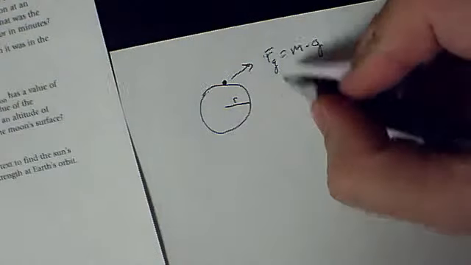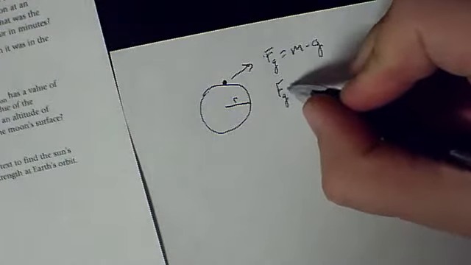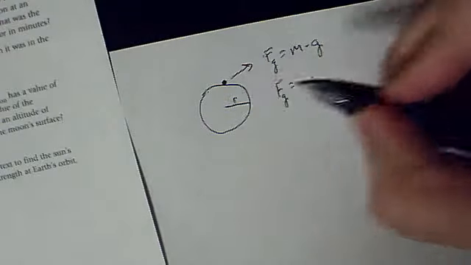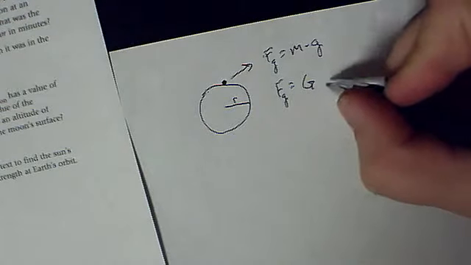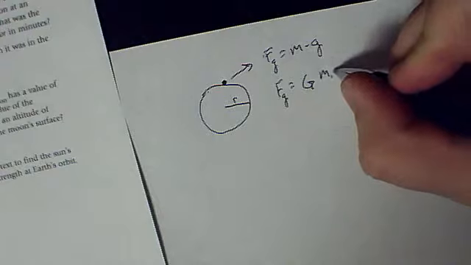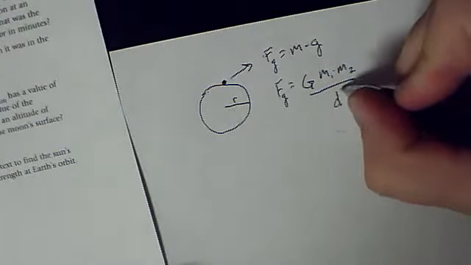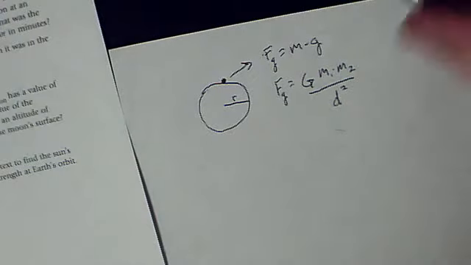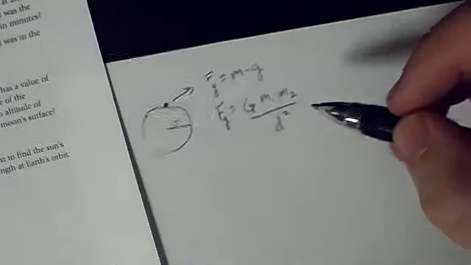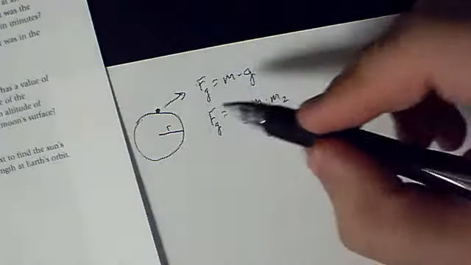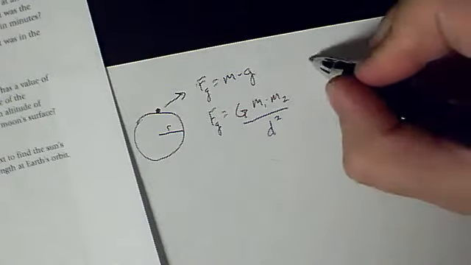Well, the force of gravity between this ball and that is also equal to big G times m1 times m2 divided by d squared. Since both of these are Fg, then these two equations are equal to each other.